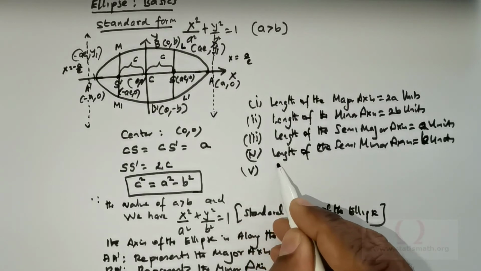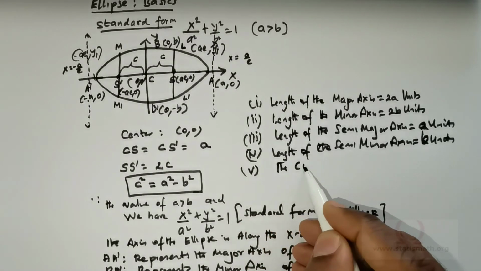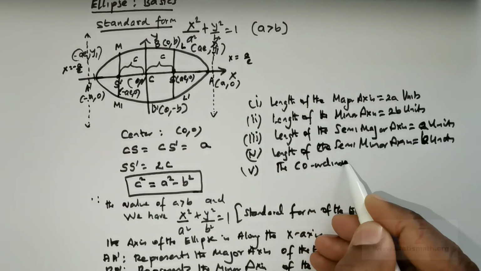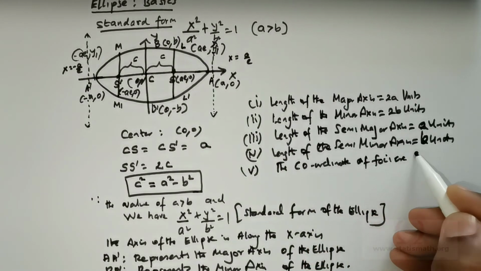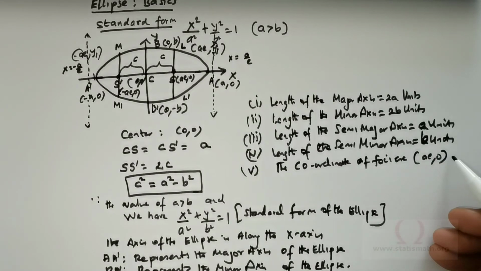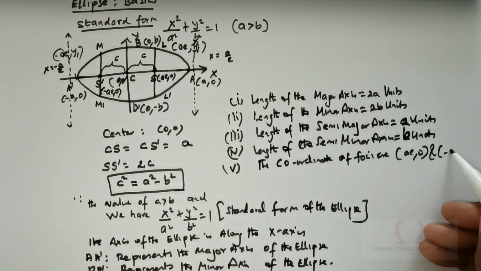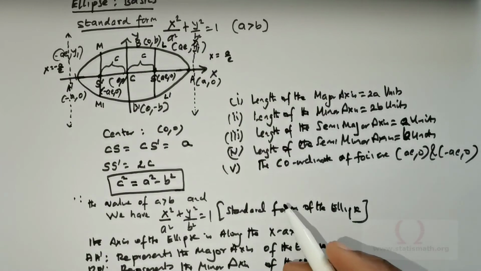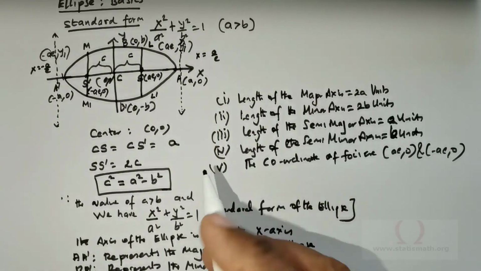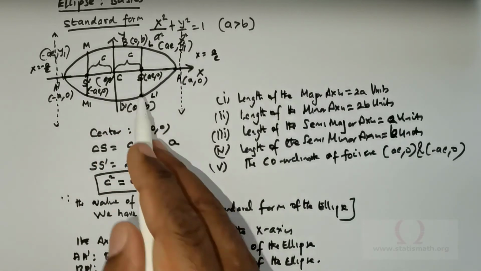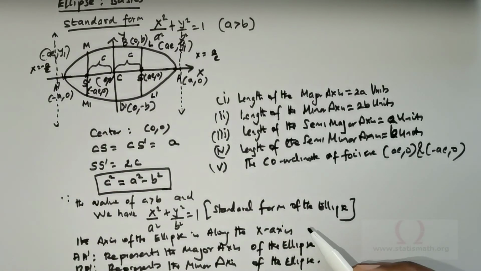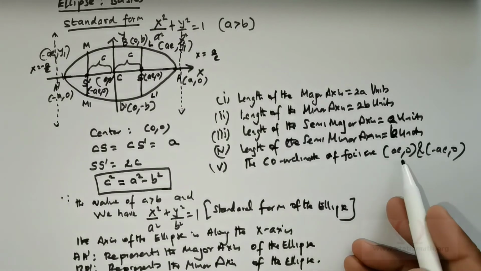Number 5, the coordinate of the foci. Coordinates of foci are (ae, 0) and (negative ae, 0). Okay, so for the ellipse whose major axis is along the x-axis, that would be the coordinate.